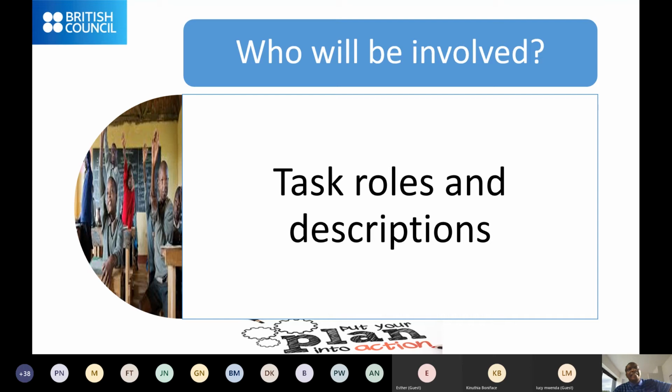Say the grade 3 literacy teacher, say the panel head, say the head teacher, say the community elder. Give them titles and don't just parachute their names in. Say the head teacher will help me in assessing resources which I will use in the project. So give them tasks, a very clear description of what they're supposed to do as they work with you.